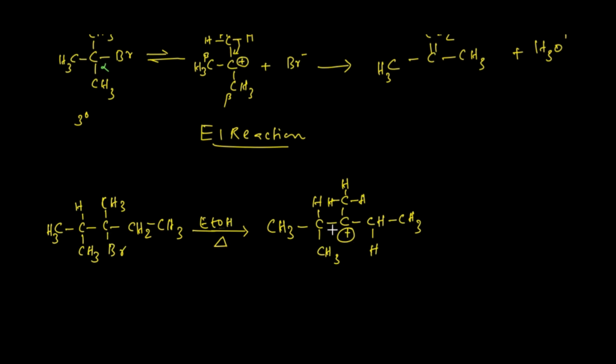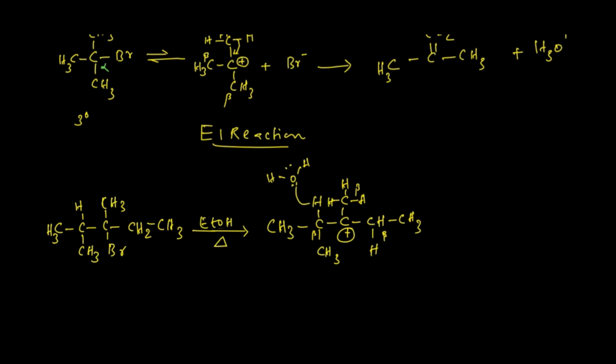As we know, the first step is the formation of the carbocation that I have shown here. So this carbocation may abstract the proton from any of these beta carbons. This is one beta carbon, this is another beta carbon, and this is the third one. We are having three different beta carbons.